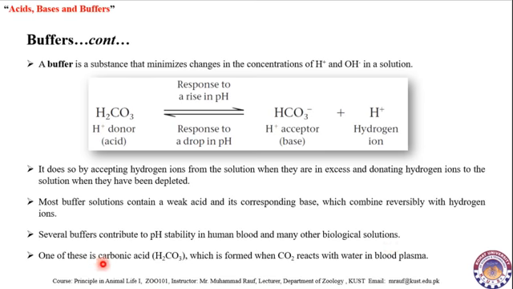One of these is carbonic acid, which is formed when carbon dioxide reacts with water in blood plasma. Carbon dioxide is already present in blood because of cellular respiration where it is produced, and water is either consumed or produced inside the body.